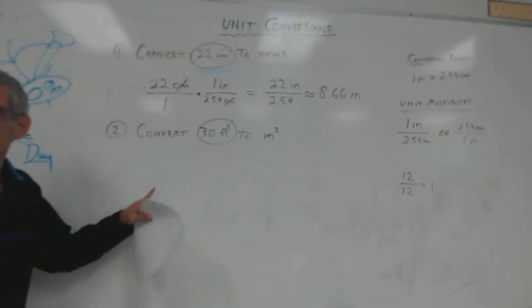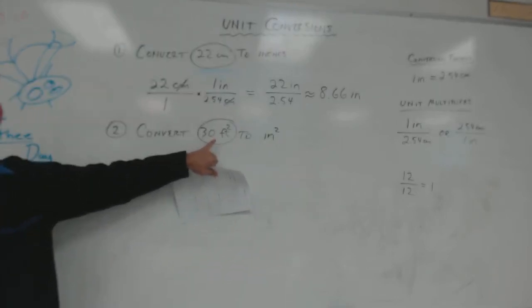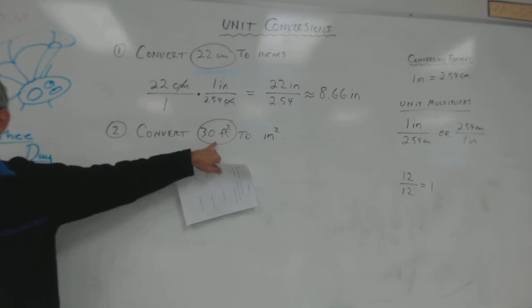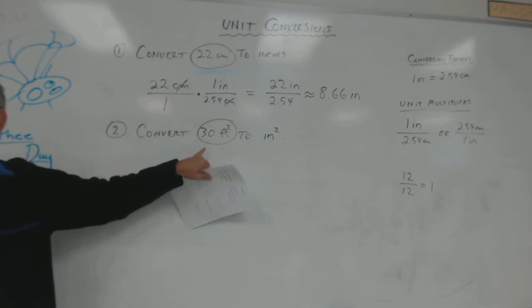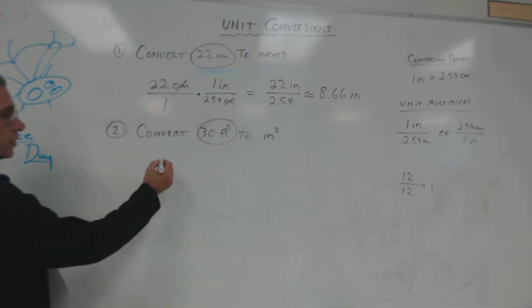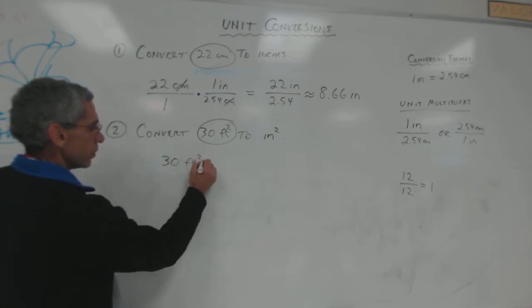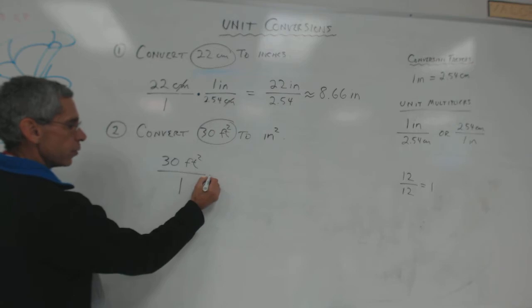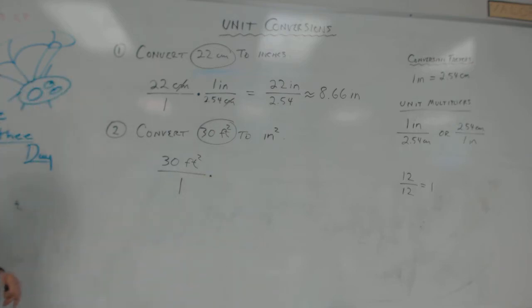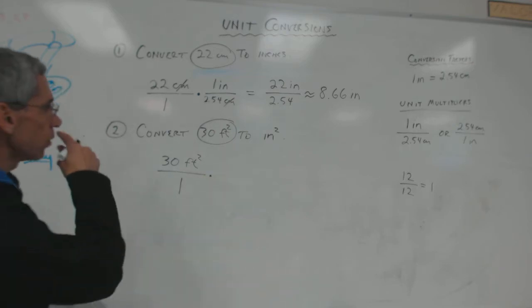All right, remember, we're going to use the same process. I take the original thing they asked me to start with, and I put it over a 1. So I'm going to put 30 feet squared over 1, and I'm going to put a times. Now, what's my unit multiplier?